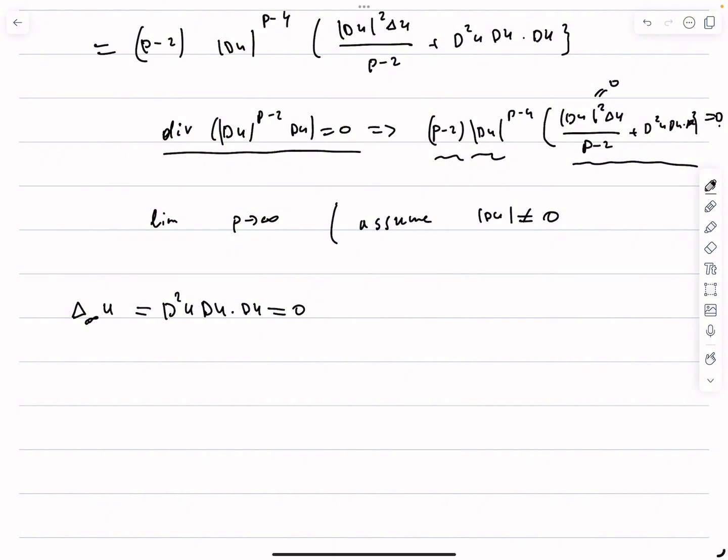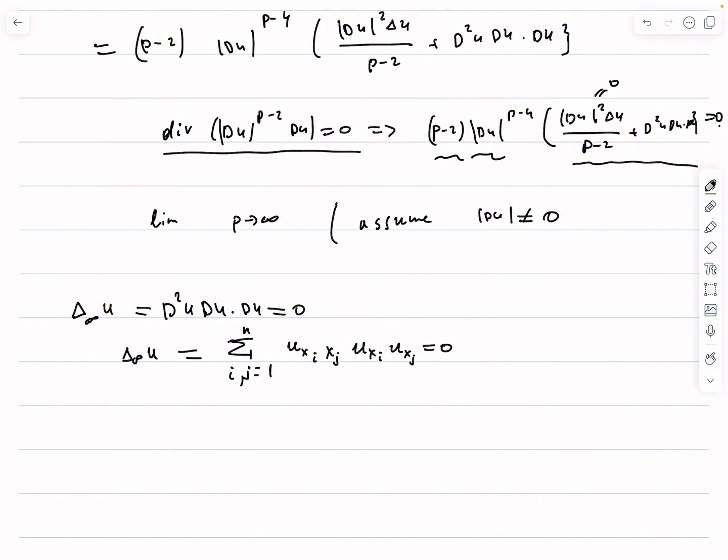What does this one mean? In other words, the Laplacian infinity of u is equal to the sum over i and j from 1 to n, when we take the derivative of u with respect to x_i and x_j, of u_xi u_xj u_xixj is equal to 0.